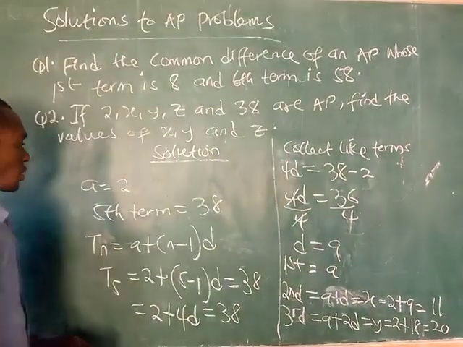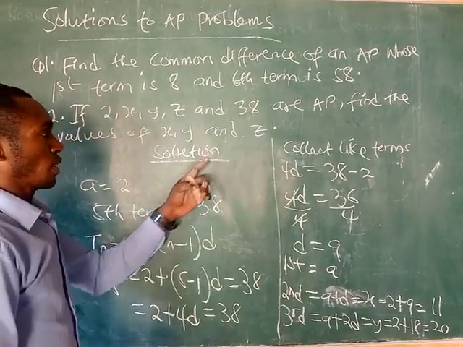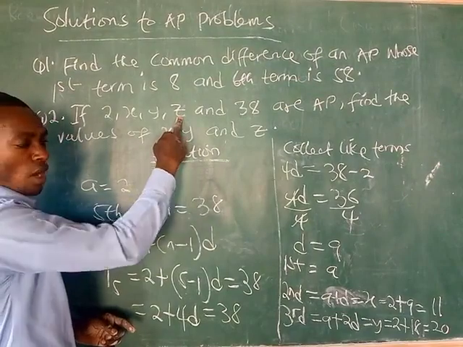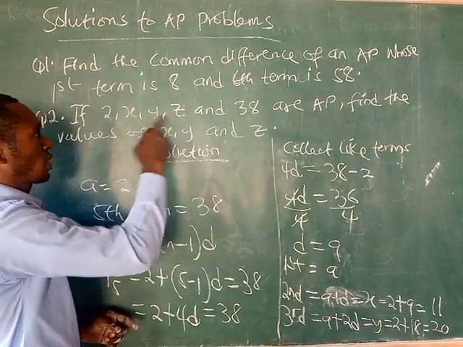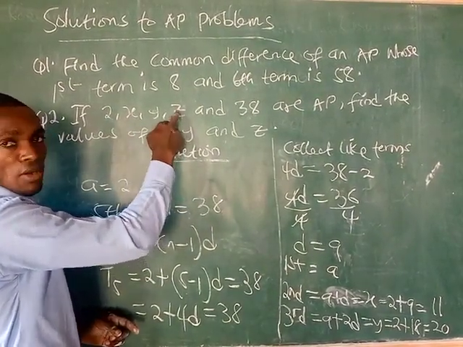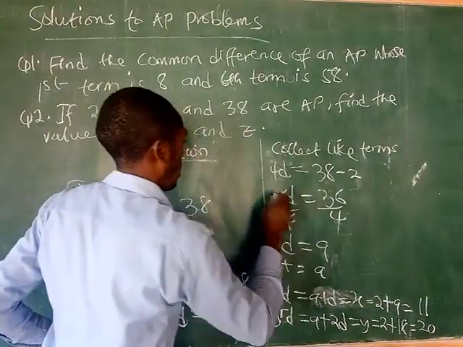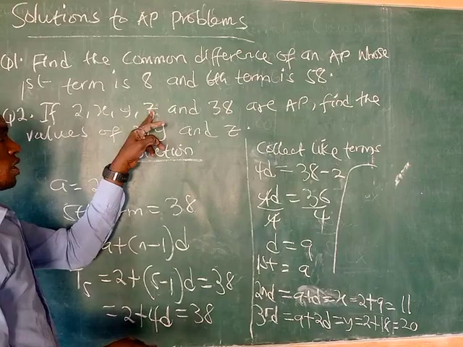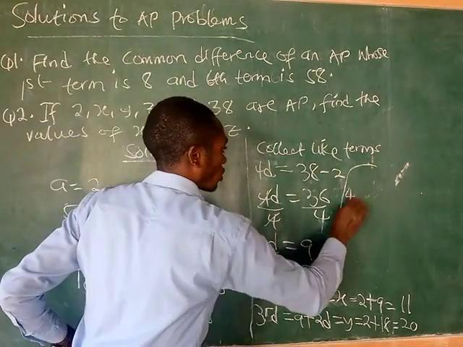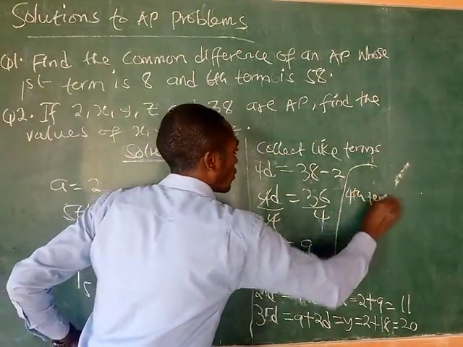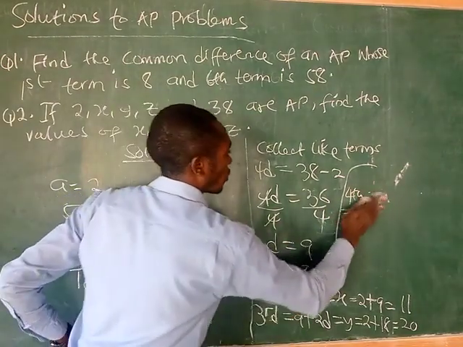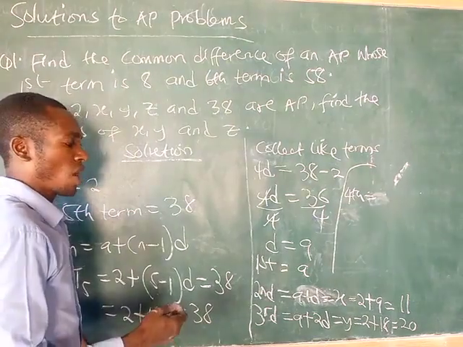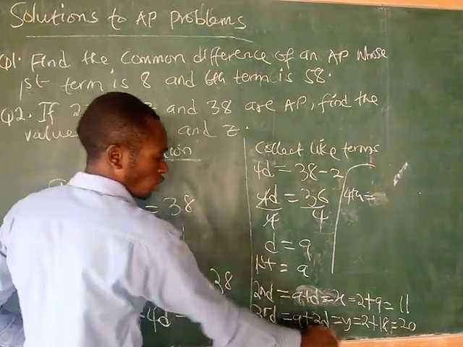Now, let's look at our z, which is our fourth term. 1, 2, 3, 4. Our fourth term. Don't forget, it will always increase by 1 from this order.